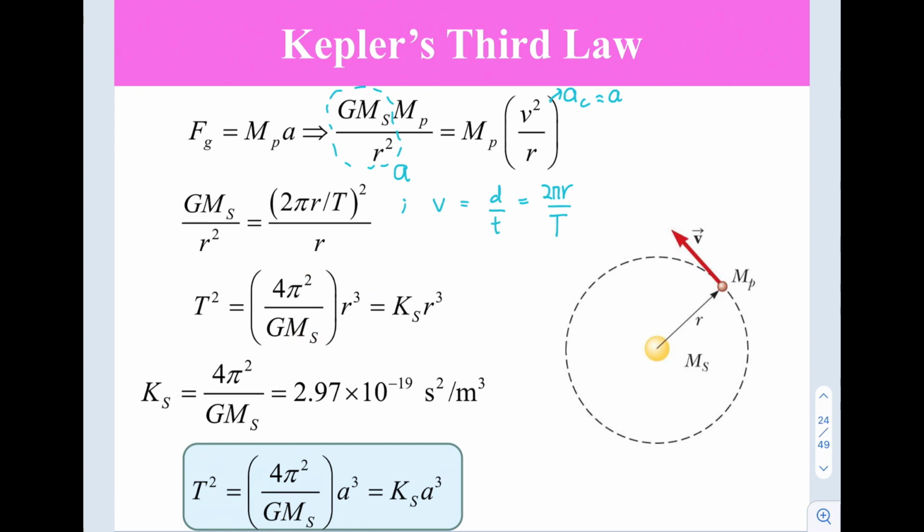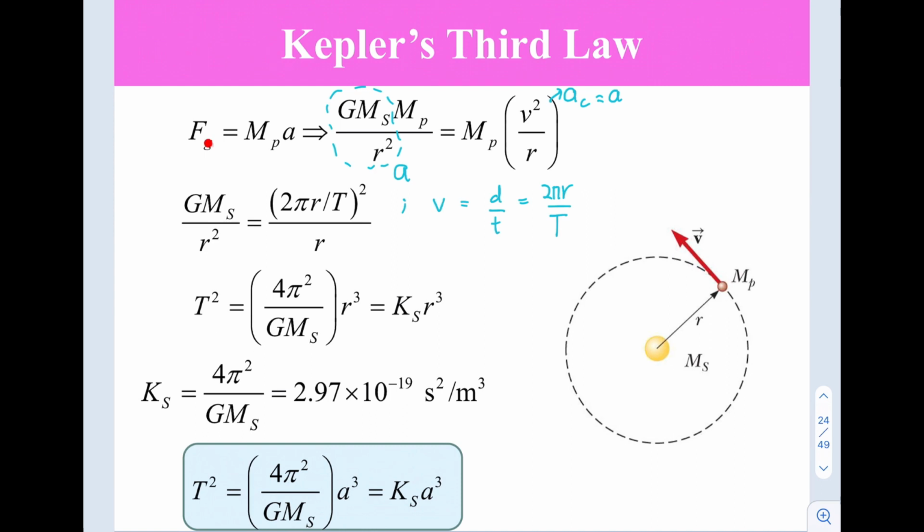Take a look at this. Here is the mass of the sun, because the story is about a planet orbiting the sun. Remember, the one that has the gravitational acceleration is the sun. Fg is the gravitational force experienced by the planet due to the attraction towards the center of the sun.